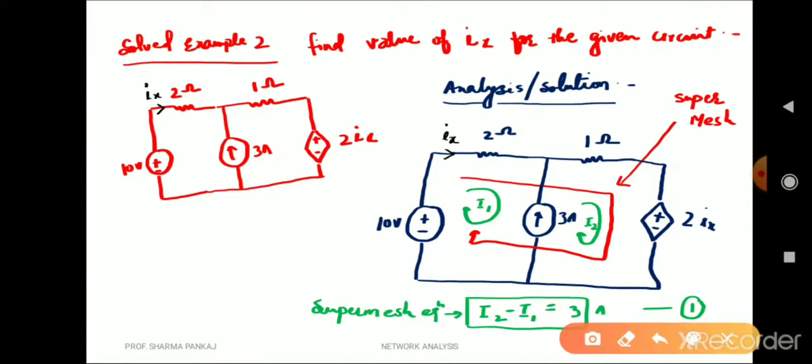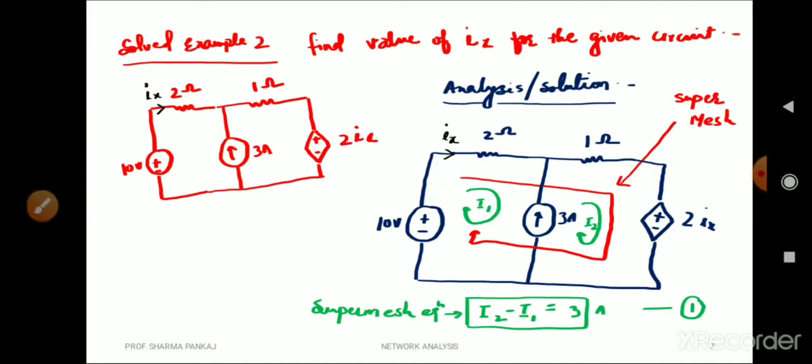By ignoring this current source, let us draw the direction of the loop currents. So it is your I1, and it is your I2.